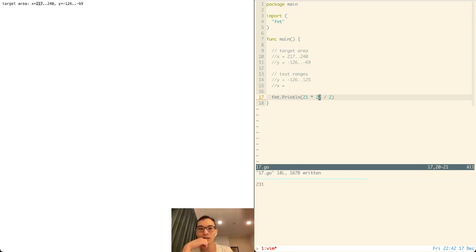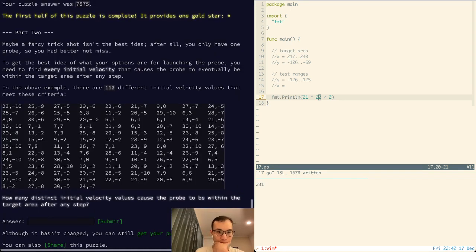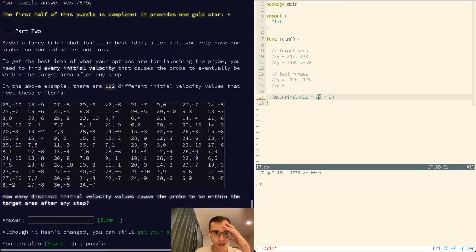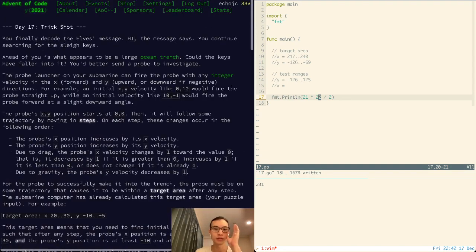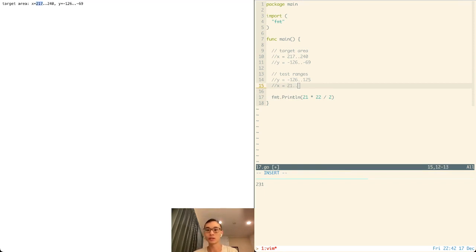Right, x has to be at least 21 to reach the target area. In this example, x has to be at least 6 to reach the target area, right? At least 6. I don't think there's anything other than 6 in here. So in my case, it has to be at least 21. And I guess the maximum it can be is 240, because you blast it straight to the target in one go.